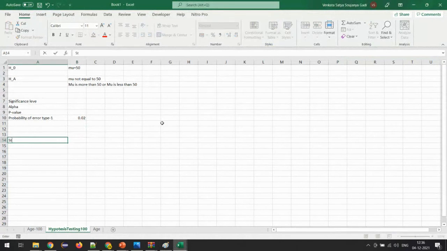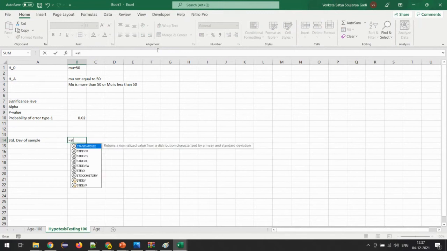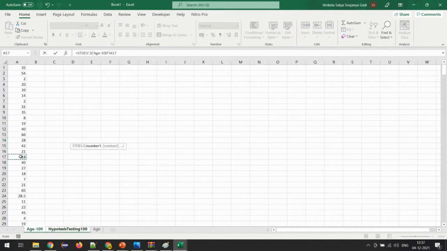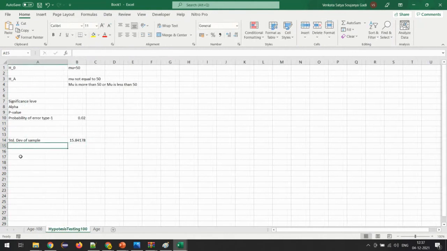So let us say the standard deviation of the sample is this much.